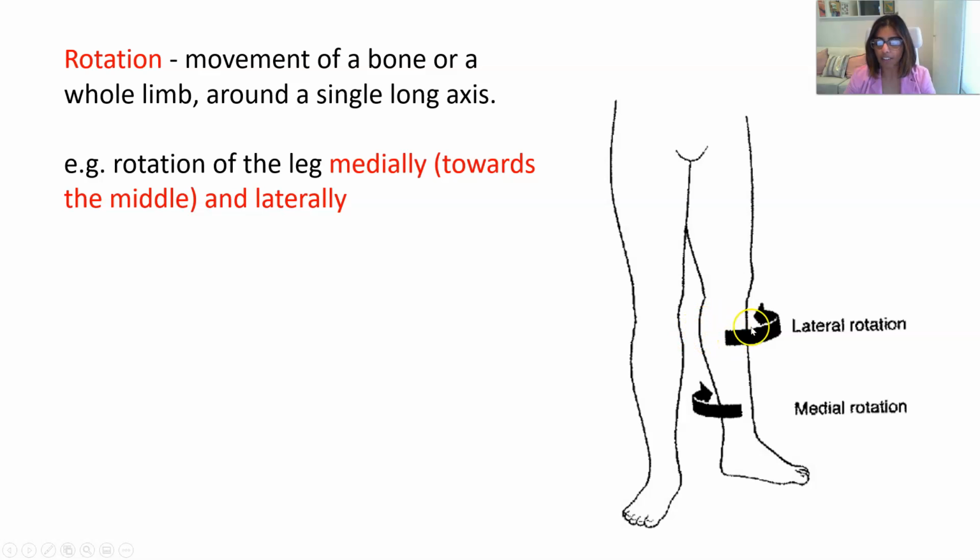That is lateral rotation, so you're moving the arm or the leg away from the body. And medial rotation, you're moving it towards the body. So medial, middle, towards the body. Lateral is the opposite, which is away. So if you rotate your hand or your foot around, you're actually engaging your leg in that, or your arm in that medial or lateral rotation.